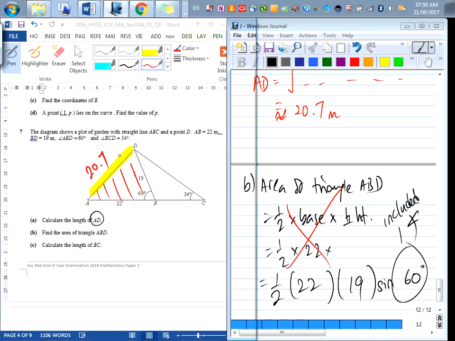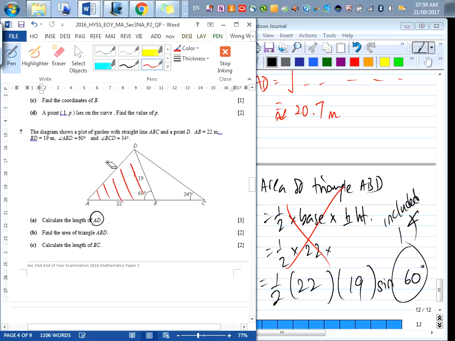So you look at this triangle over here. This angle over here, 60 degrees, is between two sides. And the two sides are 22 and 19. Okay, so half times 22 times 19 times sine 60 will give me the area of the triangle.